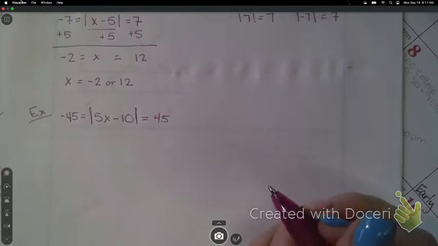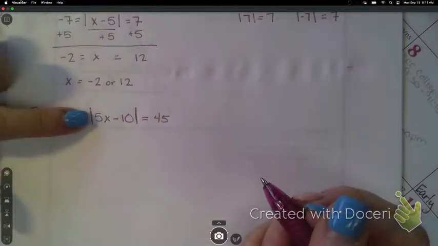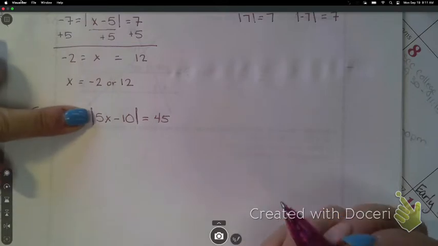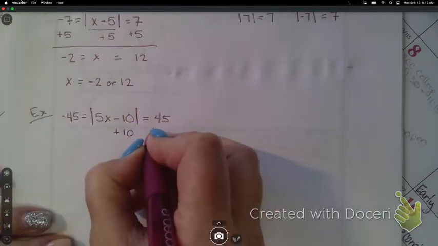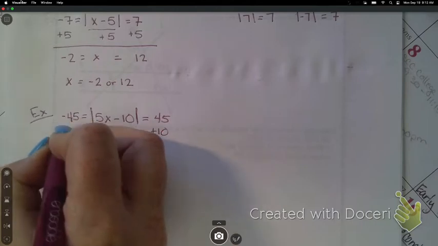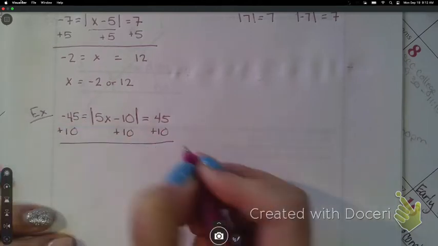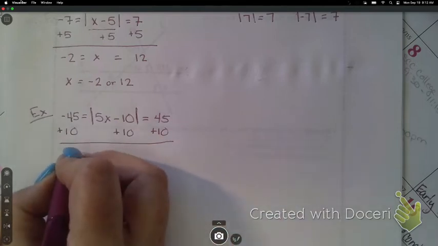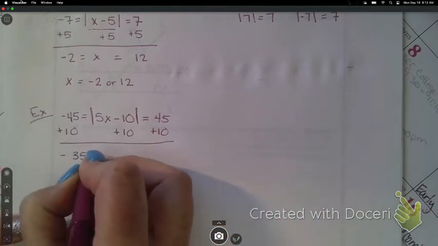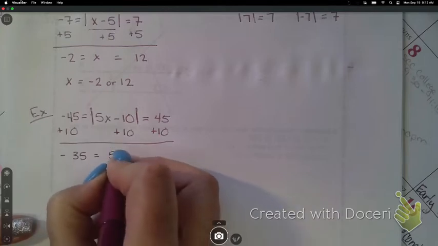Okay, so now if I cover up this negative 45 here, how would I start solving this equation? I would add 10. Add 10 to both sides. We did this with our inequalities last week, didn't we? So negative 45 plus 10 is negative 35 equals 5x.